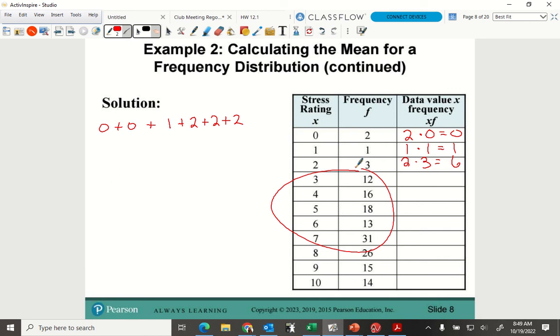Okay? So we're going to fill in this frequency table for each of these. We're going to fill this in.